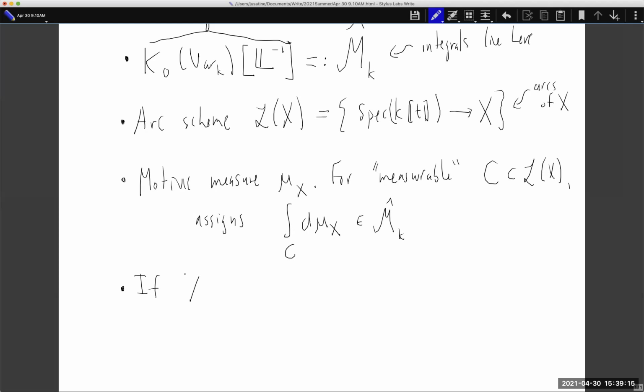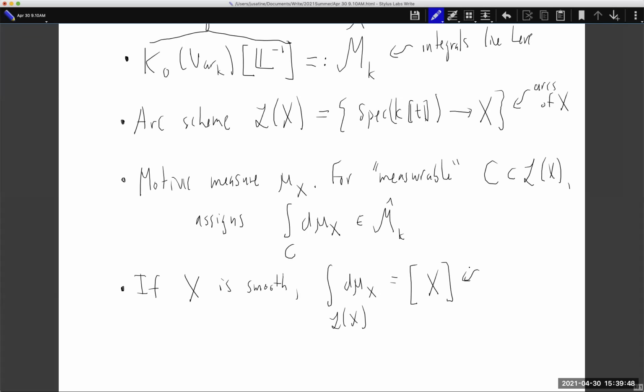Well, a special case is that if the variety X that you start off with is smooth, then if I take the motivic measure of the whole set of arcs, you get just the class of the variety X in this modified Grothendieck ring. And if you just have the class of X in the Grothendieck ring of varieties, that's enough to read off its Hodge numbers.